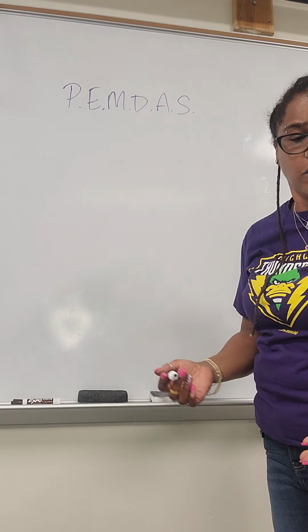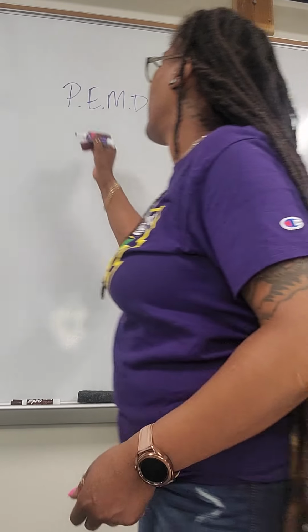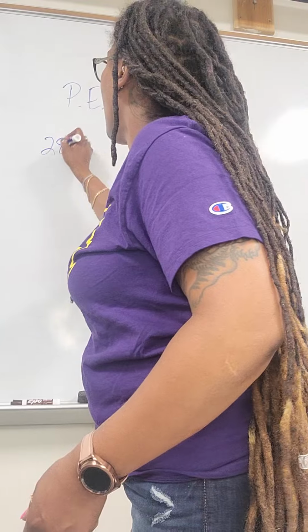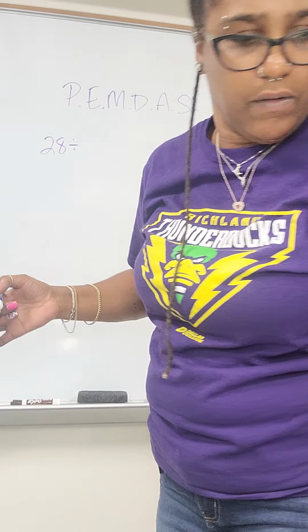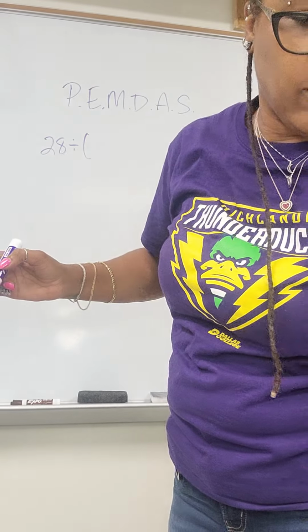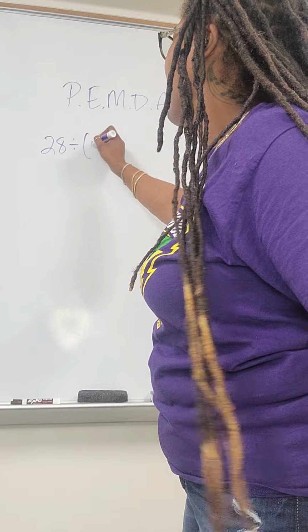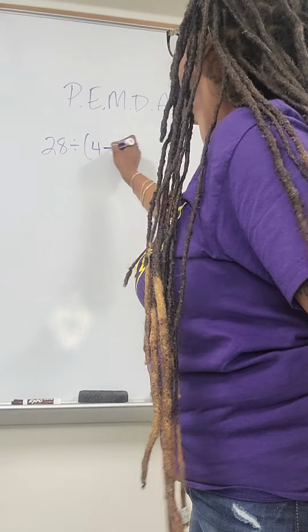What do I do first? When I come across a situation that says something like 28 divided by, oh gosh, I just looked down, so I'm copying this little example they have here.